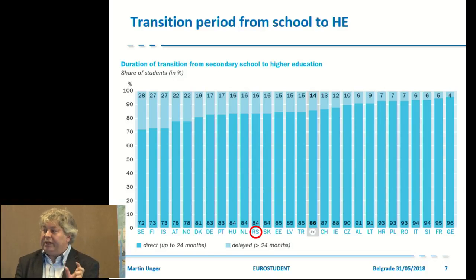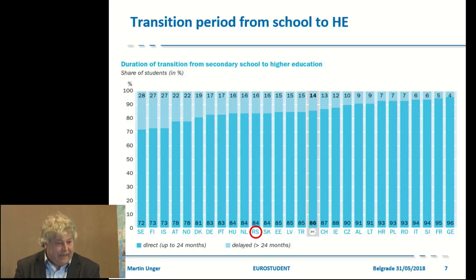We only have the 2-year cutoff because when we invented this indicator several years ago, there were still many countries with a mandatory military service. If the boys had to do military service, we would not put them in the delayed category because it was mandatory anyhow. That's why we have this 2-year gap.